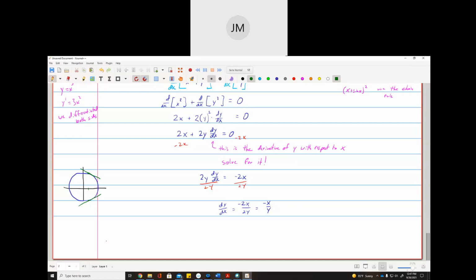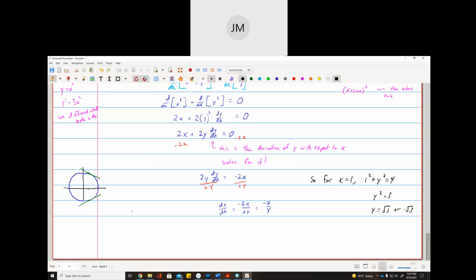Okay, and sometimes we'll just go ahead and find a y value. So for x equals 1, 1 squared plus y squared equals 4. So y squared is 3. So y could either equal square root of 3 or negative root 3.